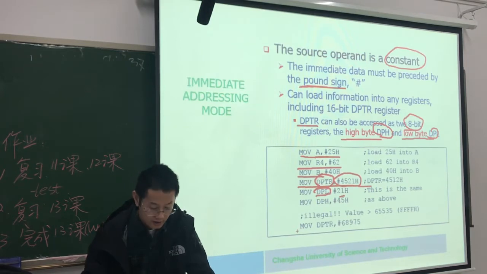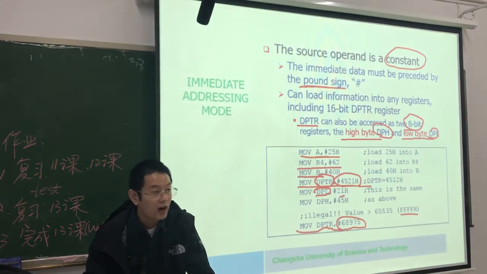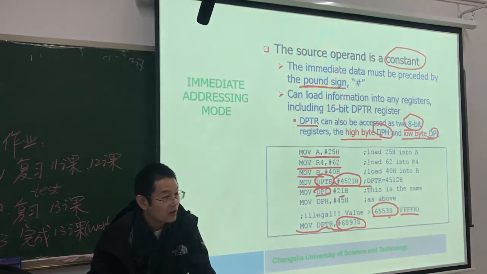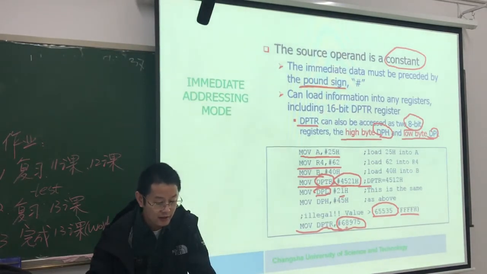If you MOV DPTR, #this number, it is wrong, because the maximum number is FFFFH, 65,535. If it is bigger than this number, it is illegal.